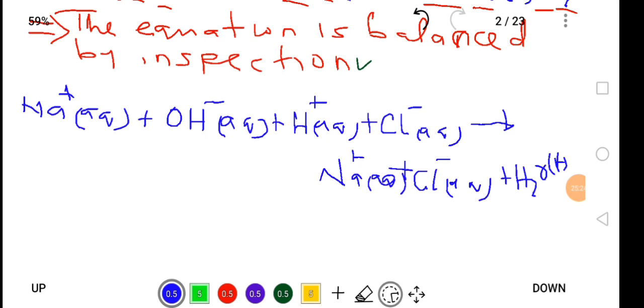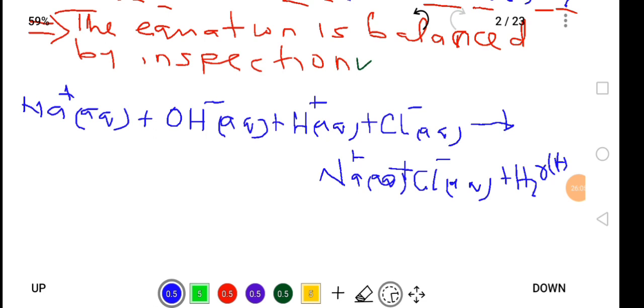So at this stage now, you are supposed to cancel out the spectator ions. Spectator ions are those ions that will be existing in the same state, same charge, and the same symbols. We understand that the chemical reaction only takes place when a new substance has been formed. So we are not going to say a new substance has been formed if the substances are still maintaining their state.